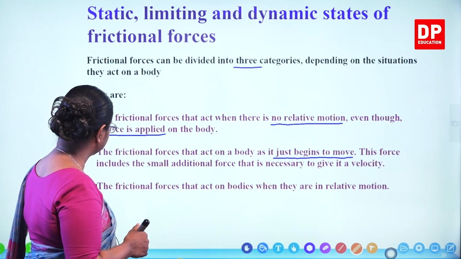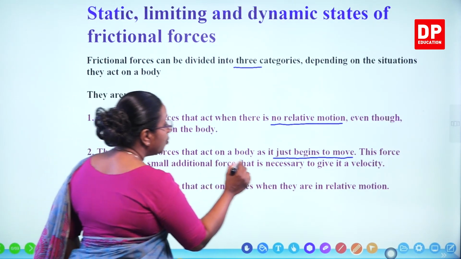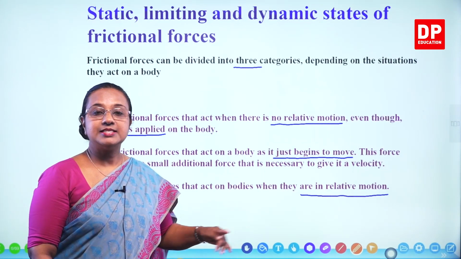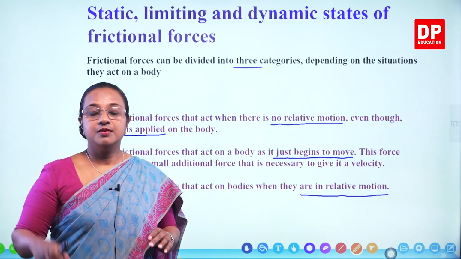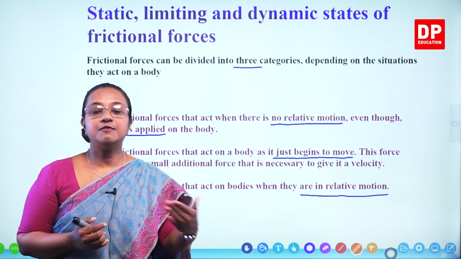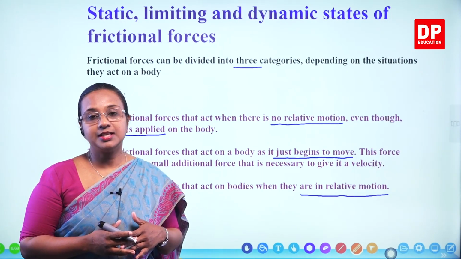The third instance is the frictional forces that act on bodies when they are in relative motion. That is the first example. When a pen was rolling on a table, there was friction being exerted by the surface of the table.